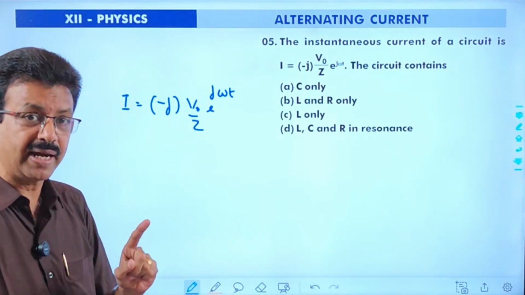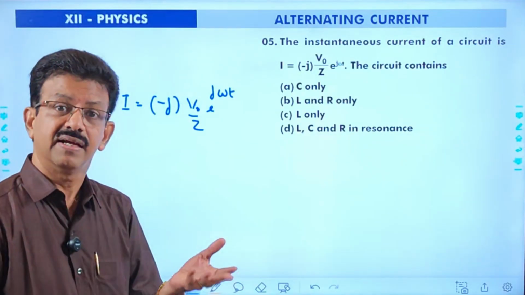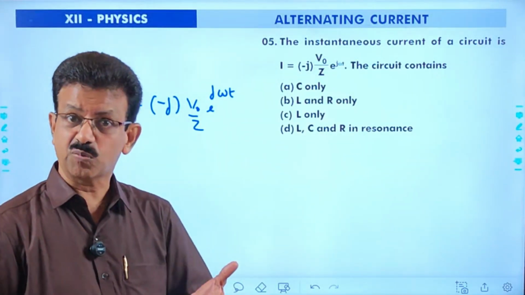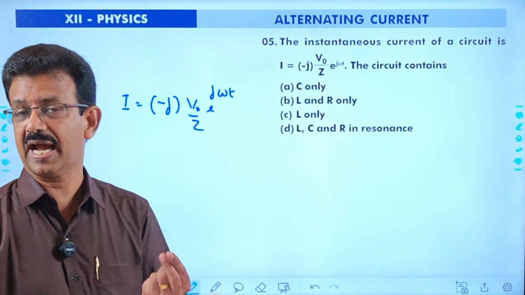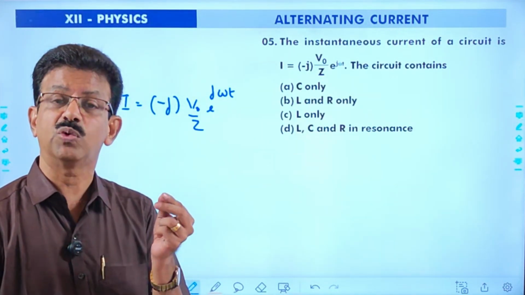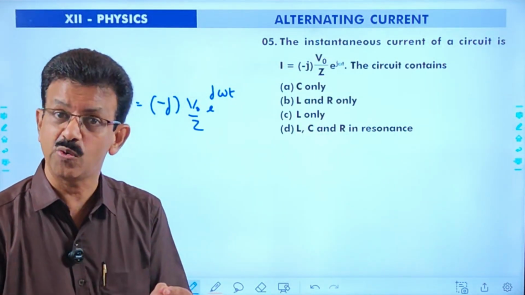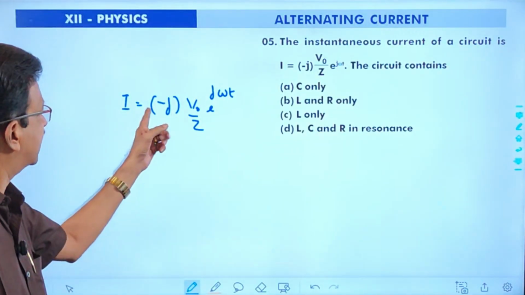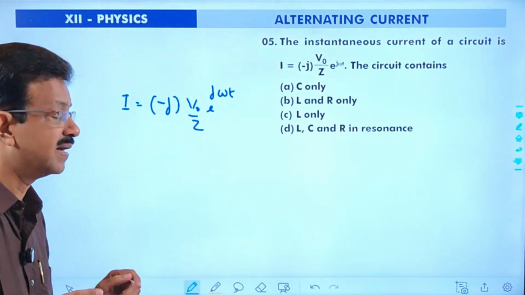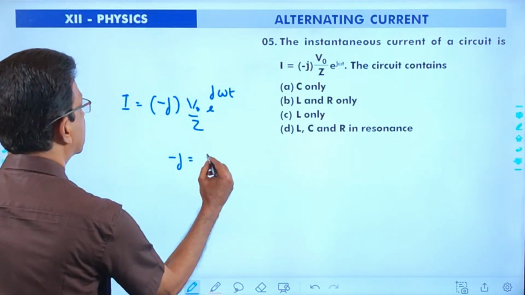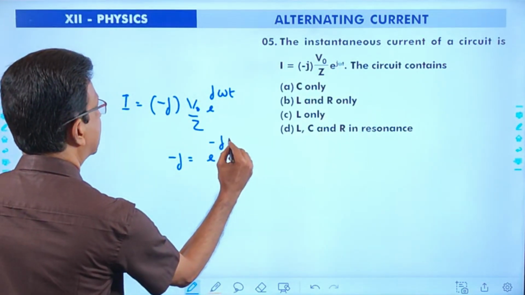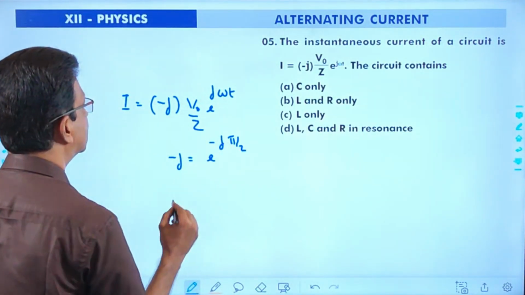Z is the impedance of the circuit. The instantaneous voltage in an AC supply in terms of the j operator can be represented as V equal to V0 e raised to j omega t. Here there is a minus j also at the beginning. Minus j equals e raised to minus j pi by 2.